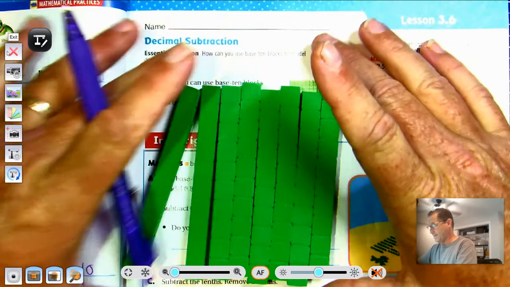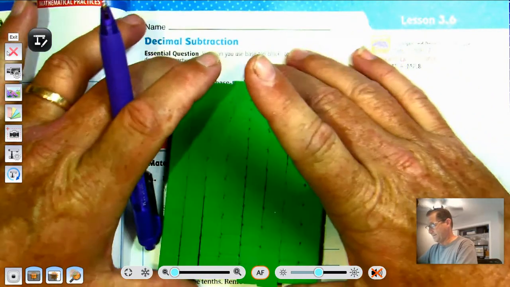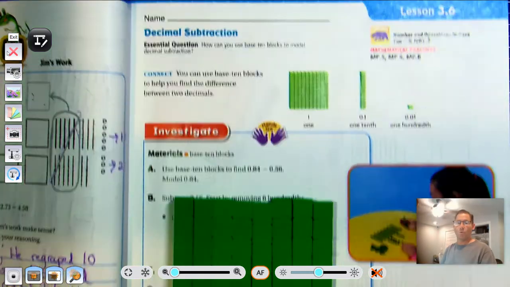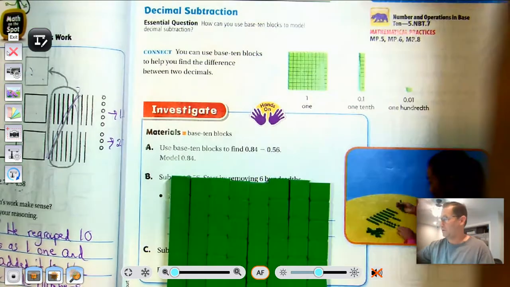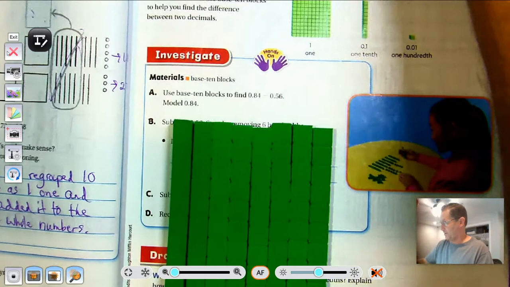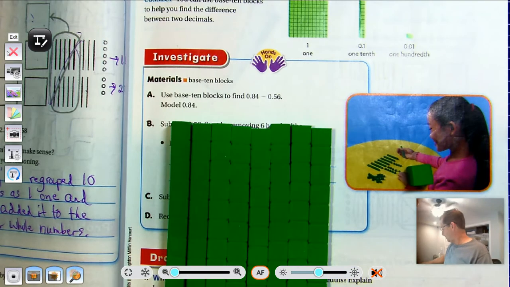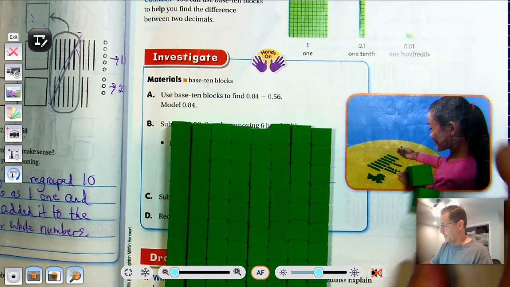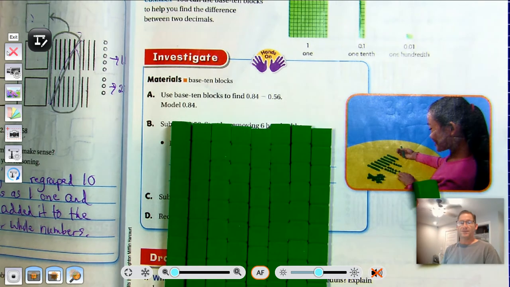So we have 8 tenths. And 84 hundredths, there are 4 hundredths. So 1, 2, 3, 4. All right. So we have 84 hundredths.